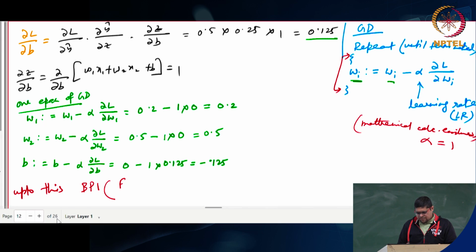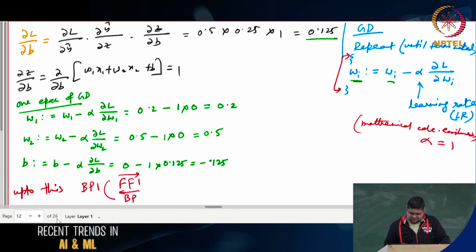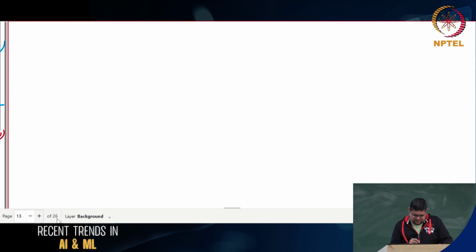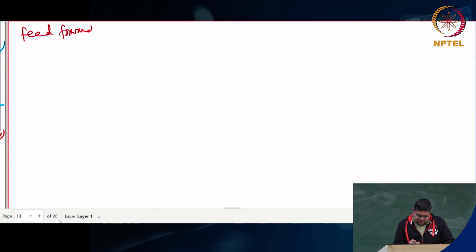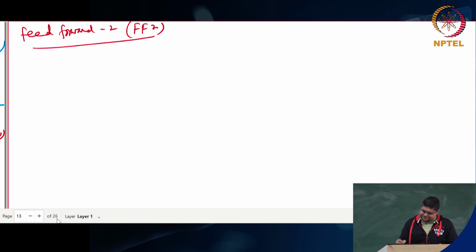That means we have performed feed forward 1, then backpropagation 1. Now the second stage will come, feed forward 2, or FF2. What will we do again quickly?